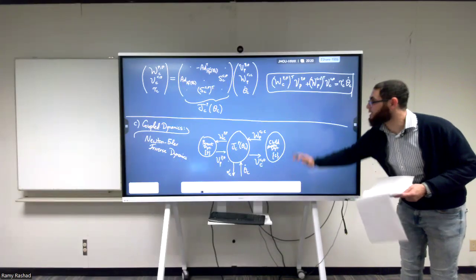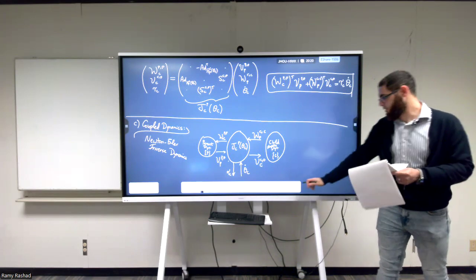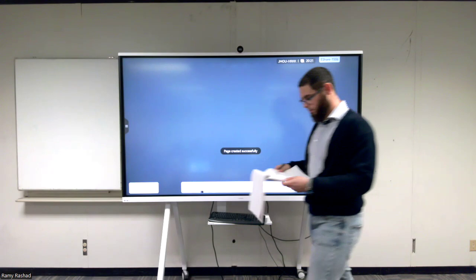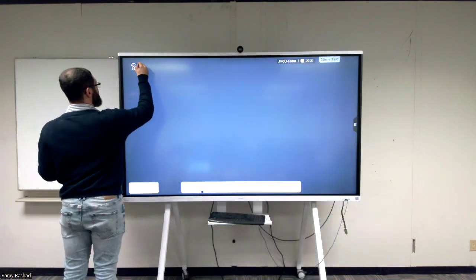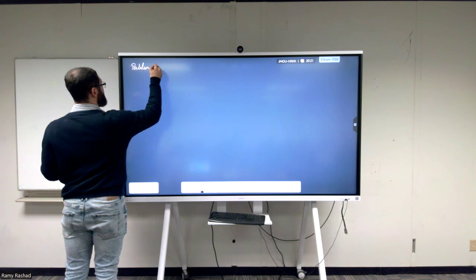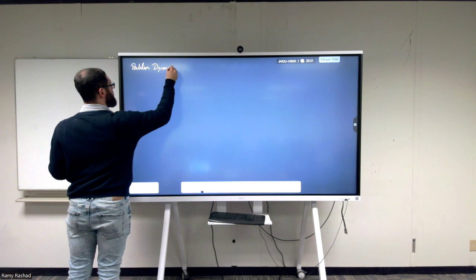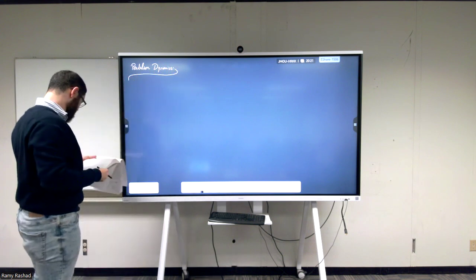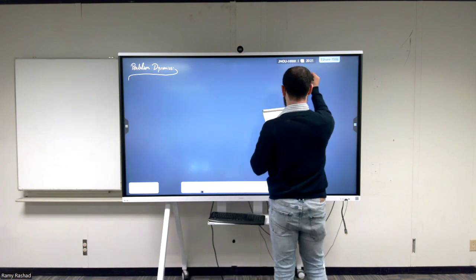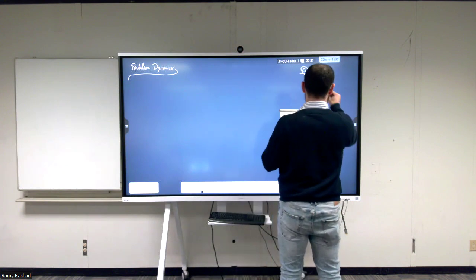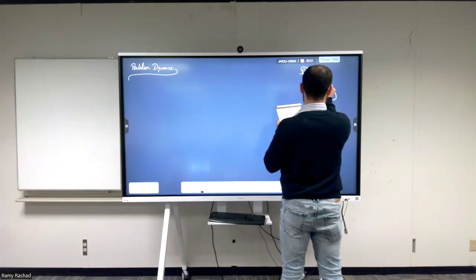So now let's use this picture and try to reduce this to the pendulum dynamics. In the pendulum, we have something that looks like this. We have one link. There's a center of mass here.